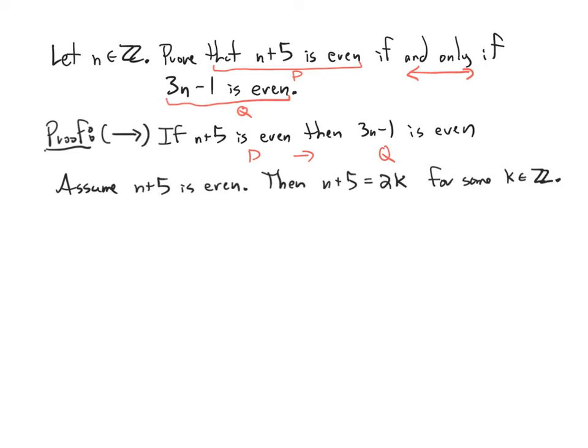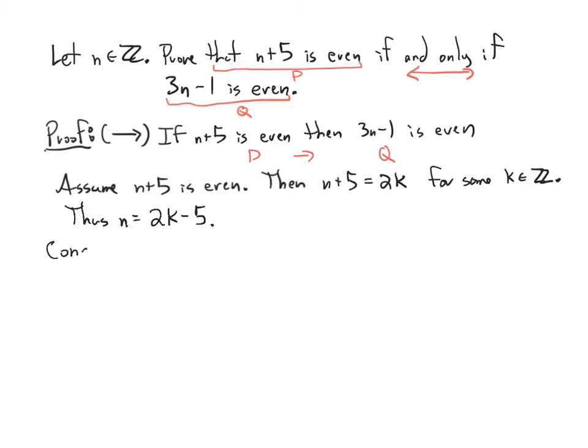And if I can get some information about n, I might be able to plug it in to 3n minus 1 and then show that that must be even. Okay, so then, thus, n is, we'll subtract 5 from both sides, 2k minus 5. So I have some information about n.